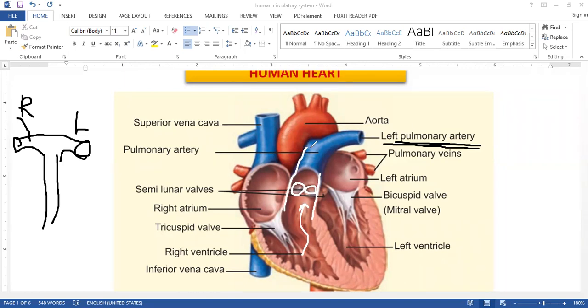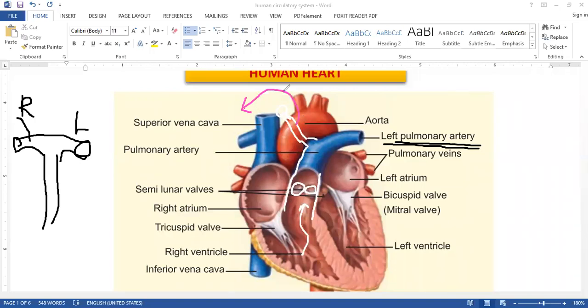And there is another branch which is not given in this book. I will draw one picture and you can understand very clearly. But you must know the parts which are in your book. So this is the left pulmonary artery, and the other branch is the right pulmonary artery.